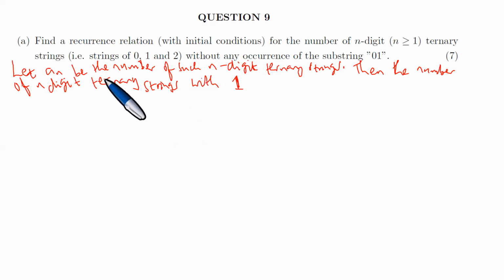The number of the n-digit ternary strings with 1 is actually a_(n-1), because we're looking at the n-digit ternary strings, but in the n-digit ternary strings, we're removing 01. So it's minus 1.